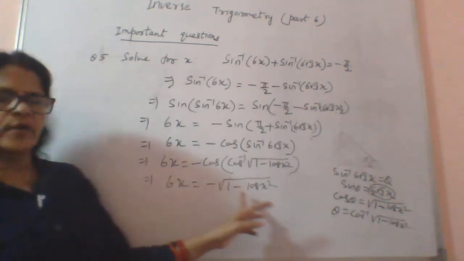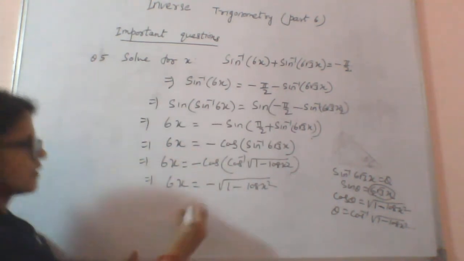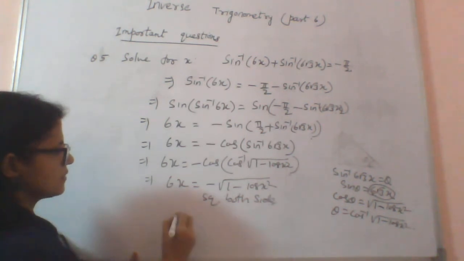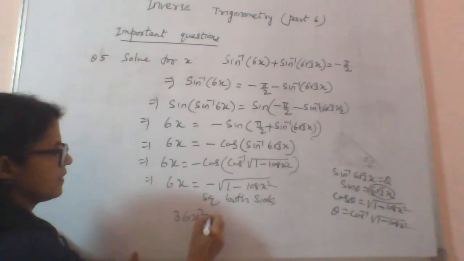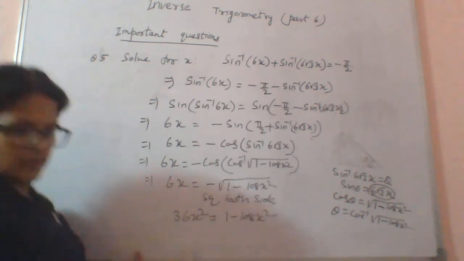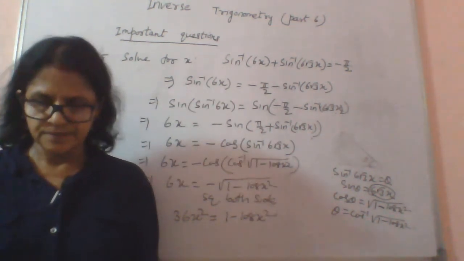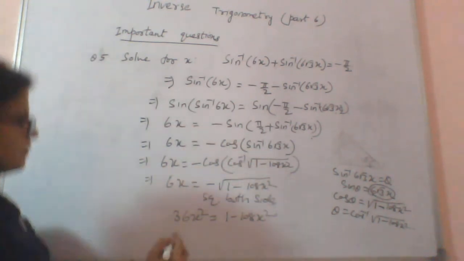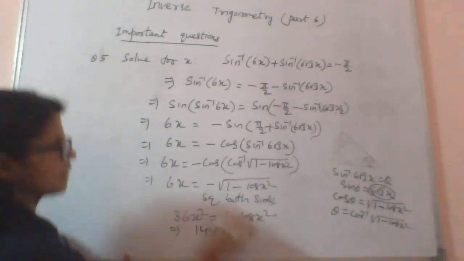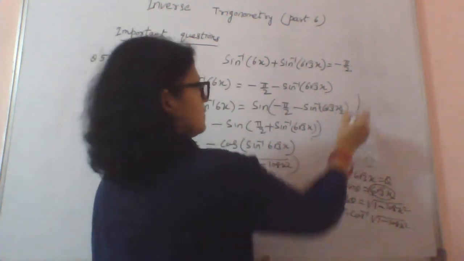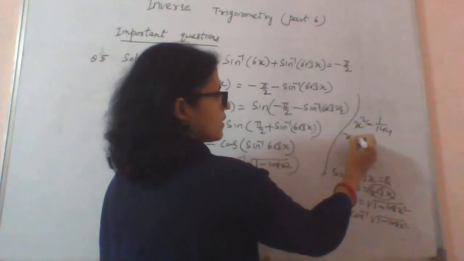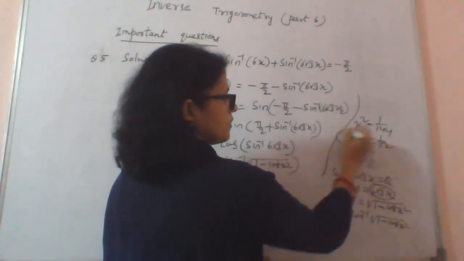Now squaring both sides, you are getting 36x square equal to 1 minus 108x square. So it means you are getting here 144x square equal to 1. Correct? So x square is 1 by 144, x equal to plus minus 1 by 12.